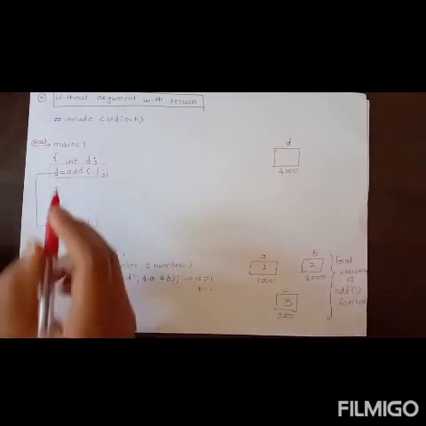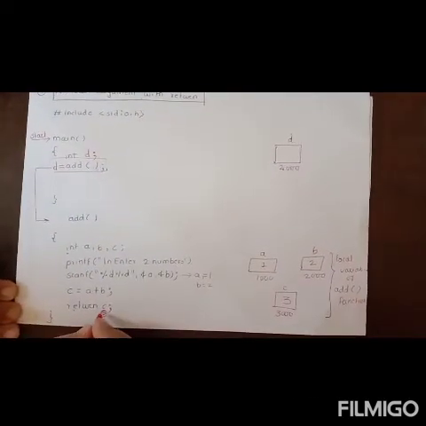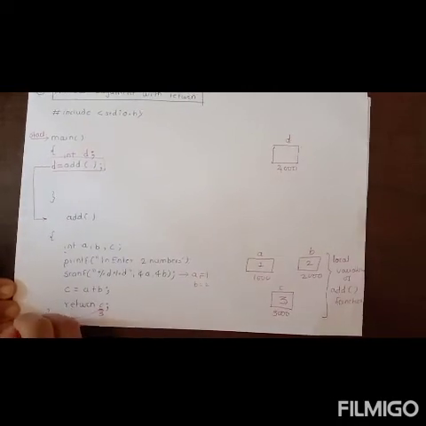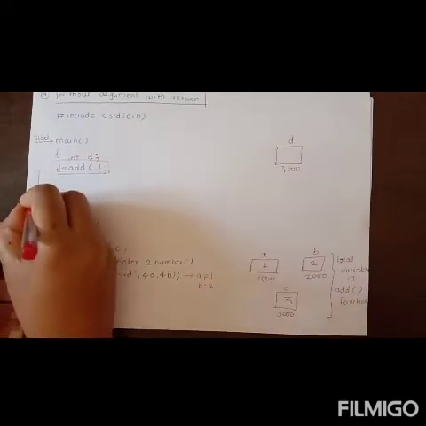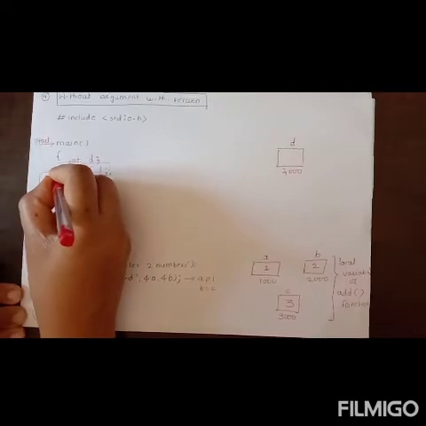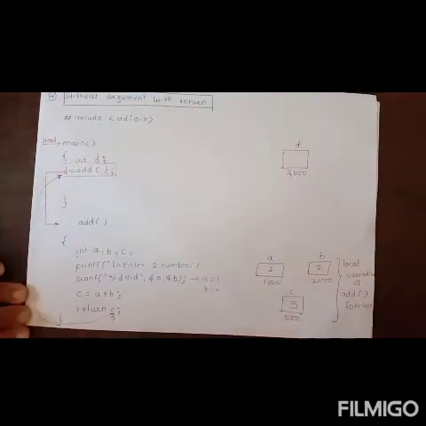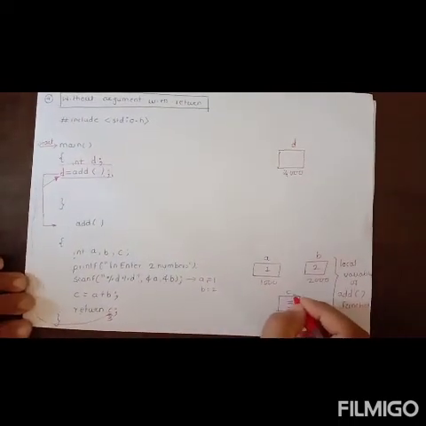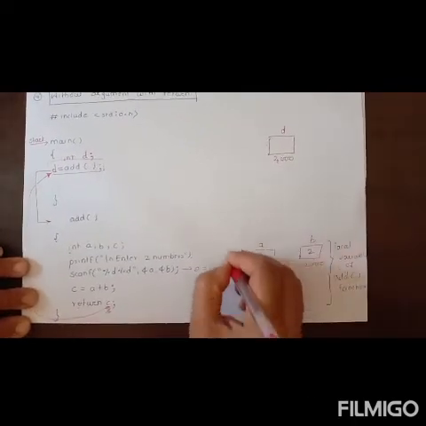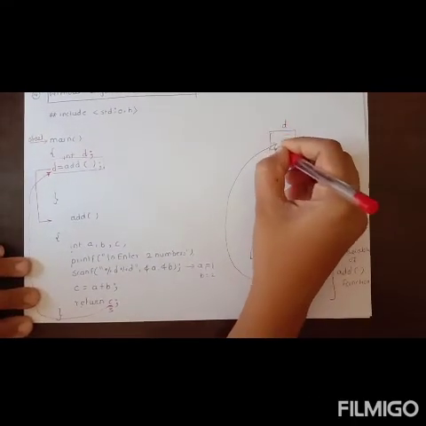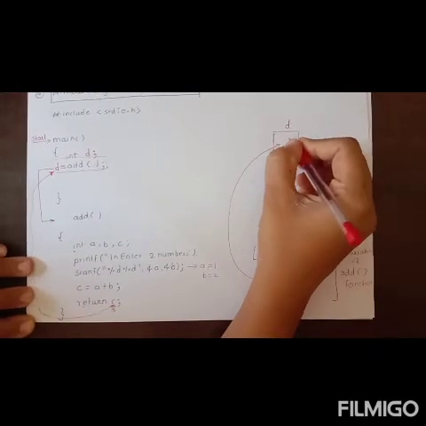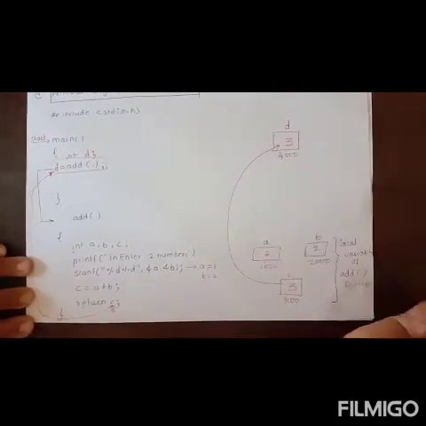So now this c value, that is 3, we send to the calling function where it is received in variable d. So this c is sent and received by d, which is nothing but your 3.